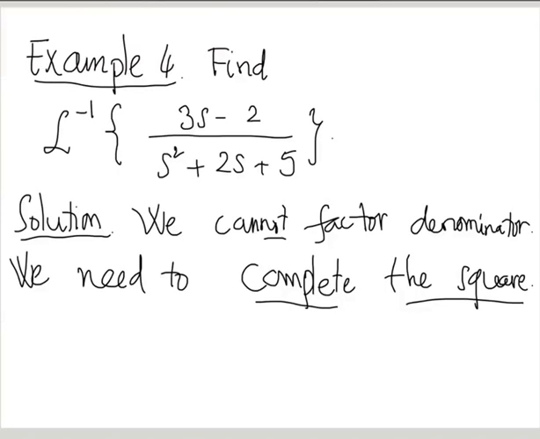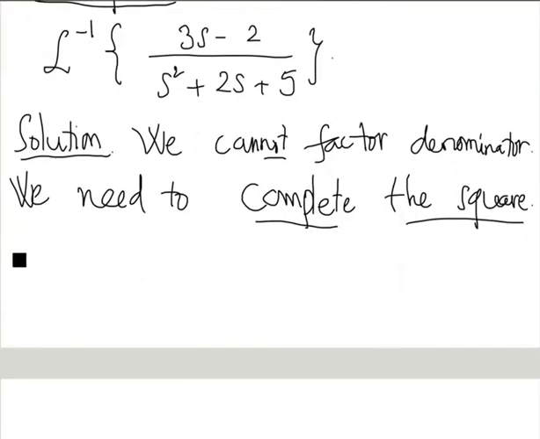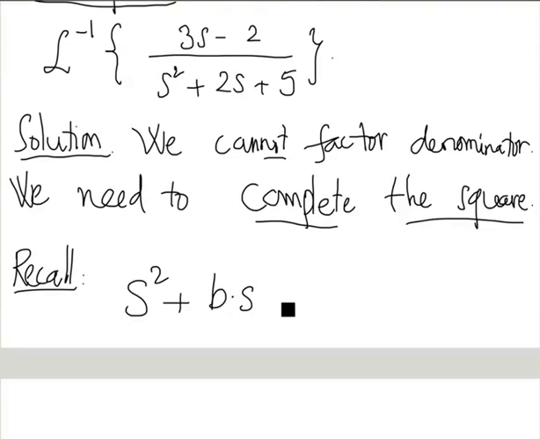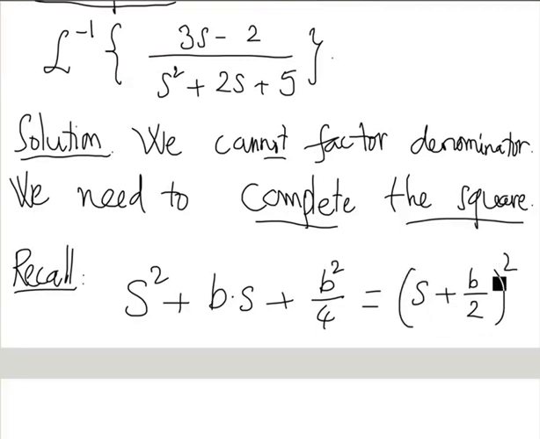So what do we do when we complete the square? Let me recall the formula that will be needed. If you have s squared plus b times s plus b squared over 4, then we can rewrite it as s plus b over 2, squared.